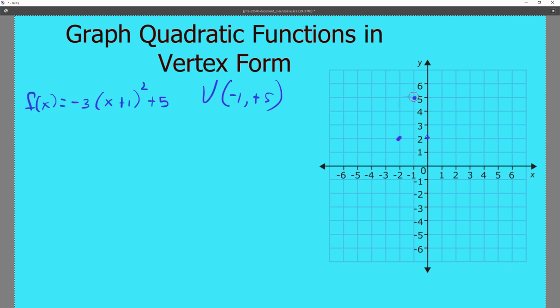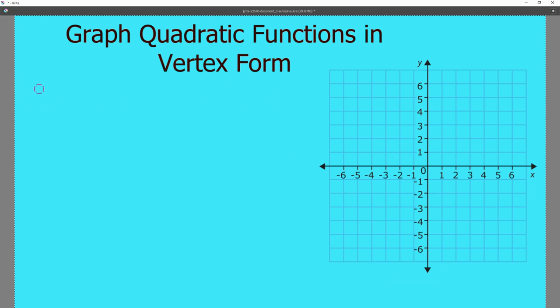So I go over 2, down 12. 4, 8, 12. Down here. Same thing over here. Go over 2, down 12. So I'm all the way down to here. Okay, you always start at the vertex and you count. Oh, there's your parabola.